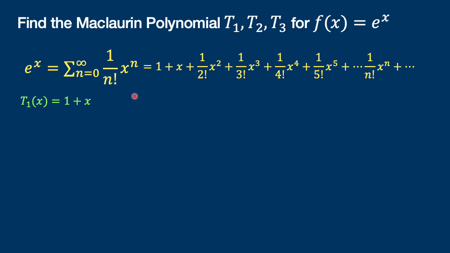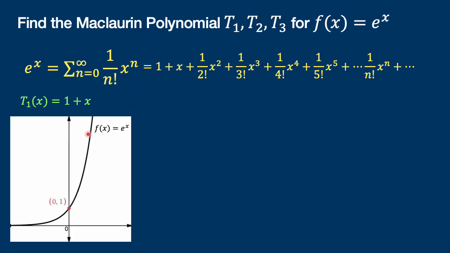So let's sketch the first one. Here f of x is e to the x, and T1 of x, the degree 1 Maclaurin polynomial, is a linear function. That's what you sketch right here. That's not even close. So let's take T2, the degree 2 Maclaurin polynomial.